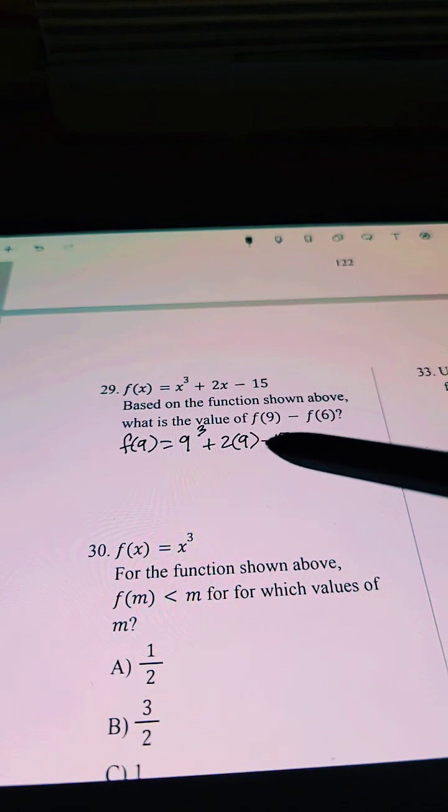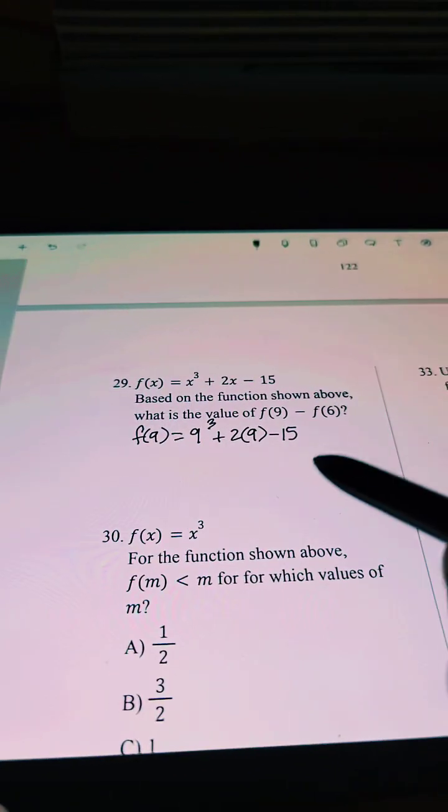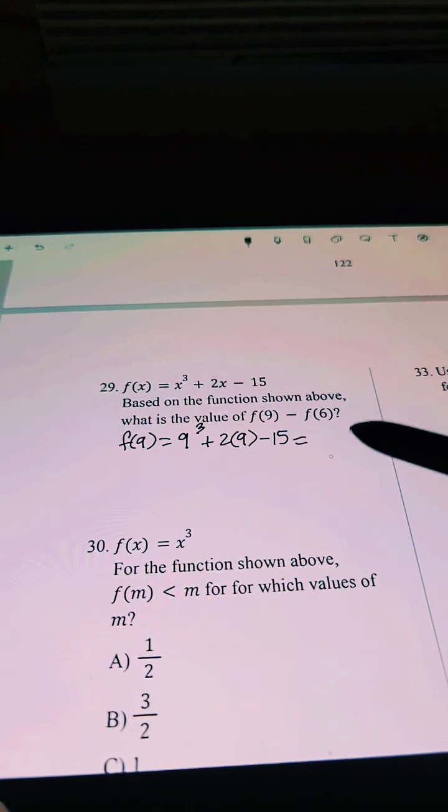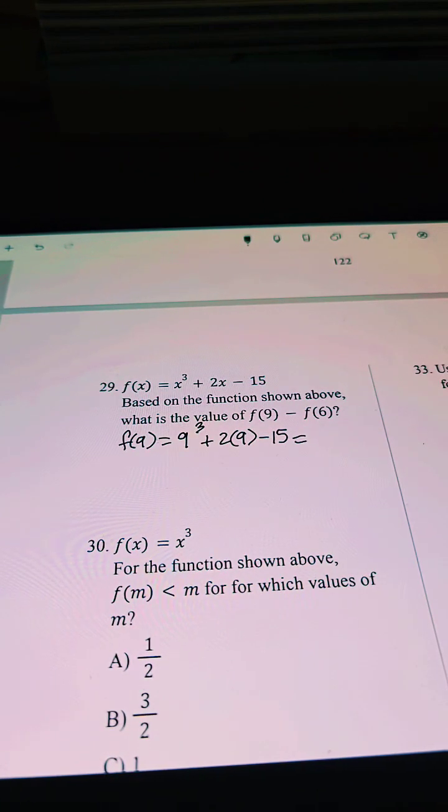So 9 cubed plus 2 times 9 minus 15 for f of 9. So we have 9 times 9 times 9. I don't want to trust my brain this late at night, but I think it's 729. Let's see. Where is my calculator? 9 times 9.